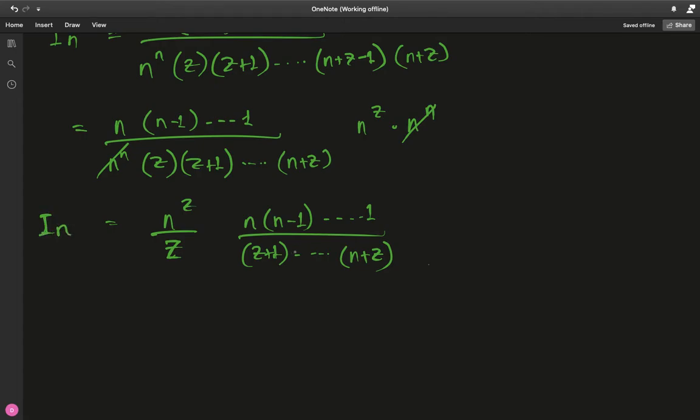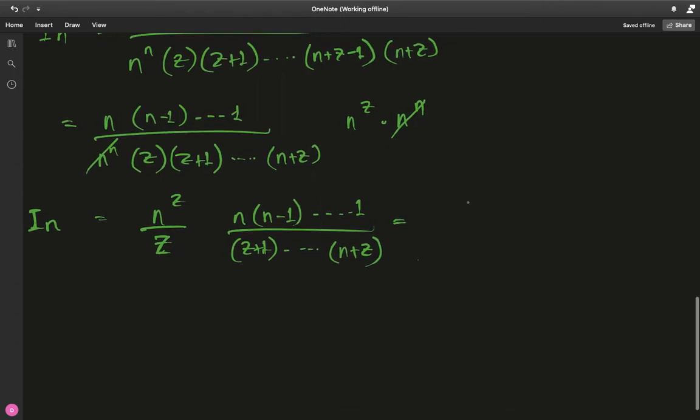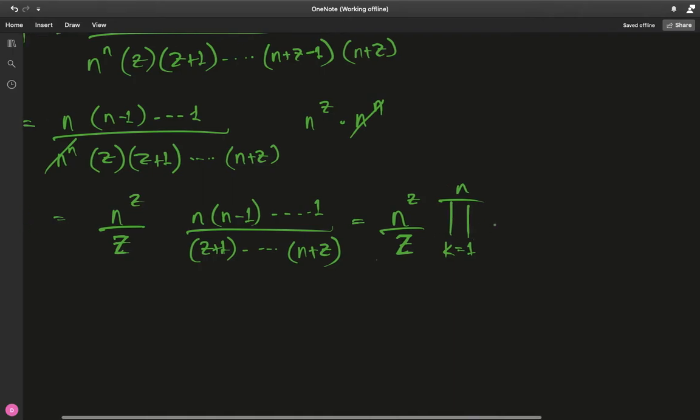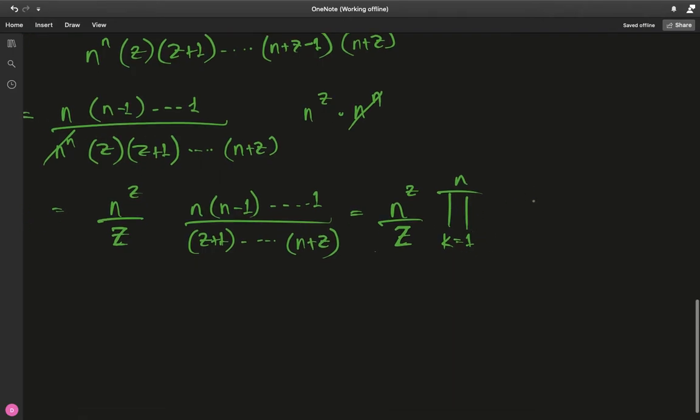And now this, believe me, is the most simplification we can do for I sub n, except we can probably generalize using a product notation. So n to the z over z, and we have a product from say k equals 1 to n. This is just a product index.